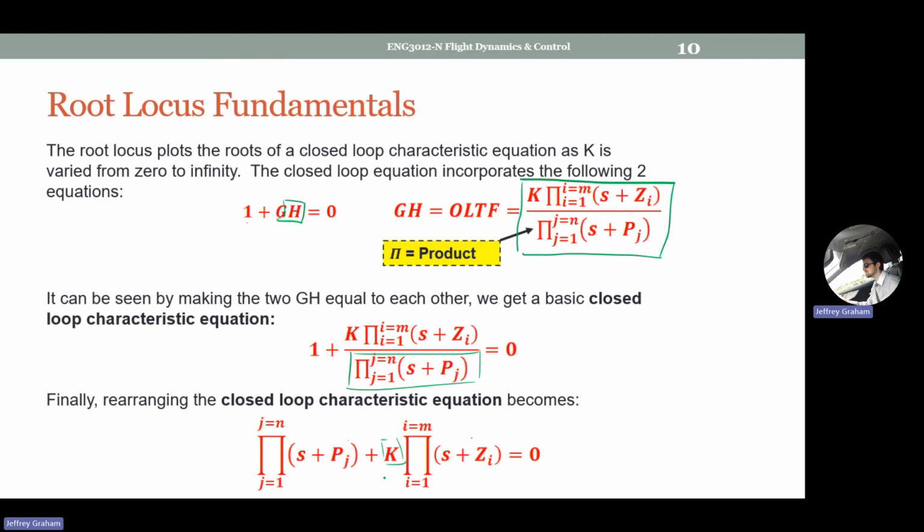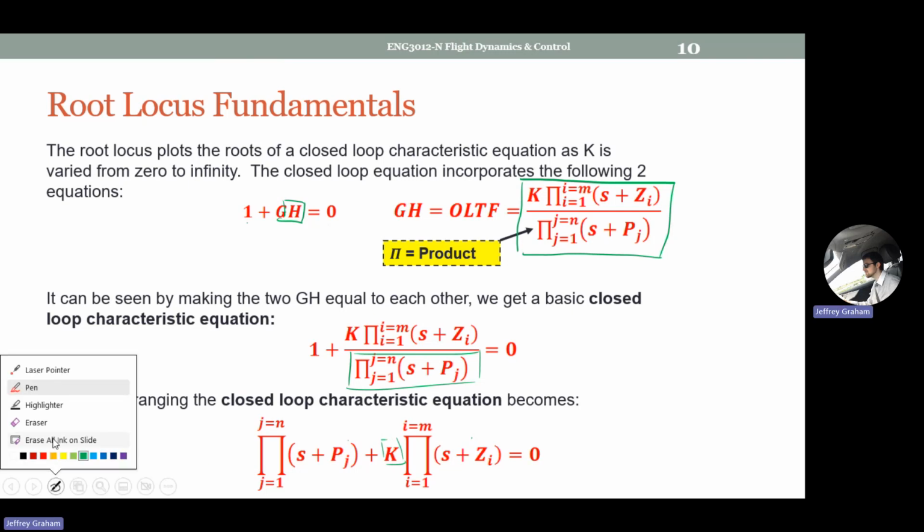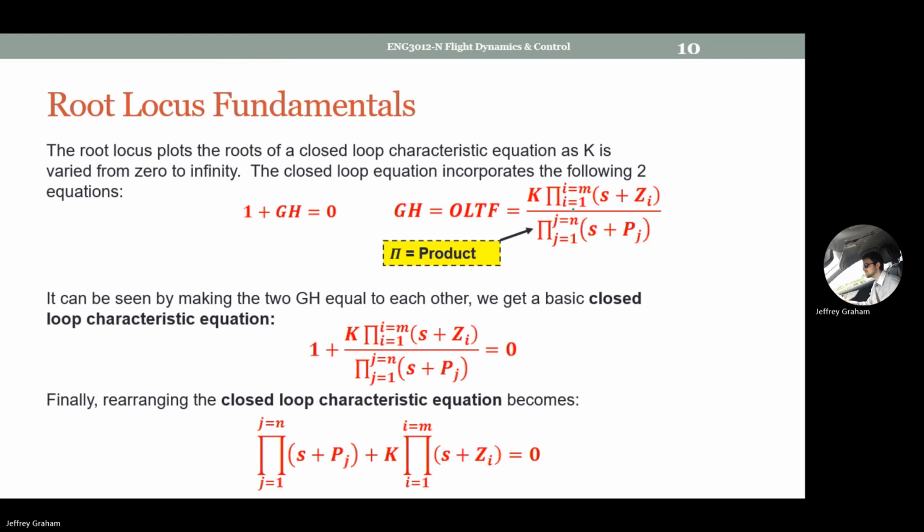Right, going back to the top, get rid of the scribbles. This symbol tells you you're going to multiply all the numerators or brackets with zeros in. So it's effectively what we've been doing for the last two things. So it's telling you the first bracket might look like that.